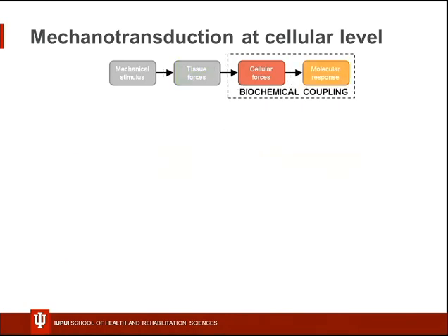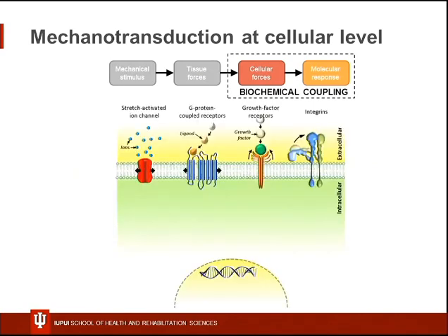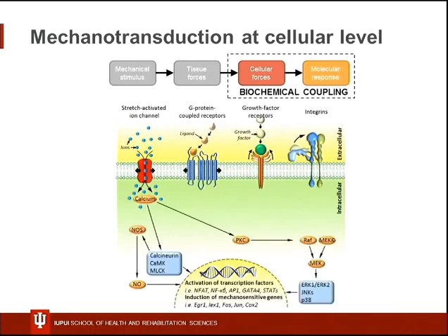Then you need to convert that stimulus into a biomechanical signal. So how do these signals then change the extracellular matrix production by the cell, or produce a signal from the cell that then goes to an effector cell to change tissue properties, to get an effector response? If we look at, for example, these stretch-activated ion channels, the classical one is calcium, that you get an influx of calcium when you mechanically load a cell.